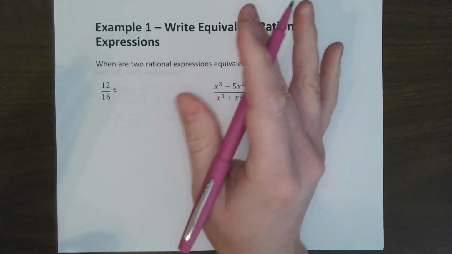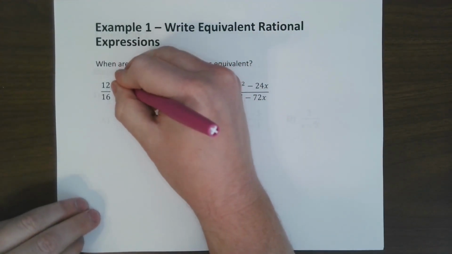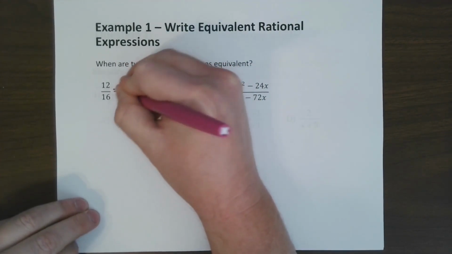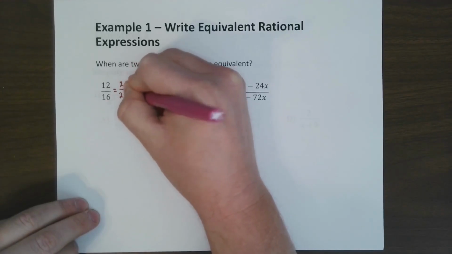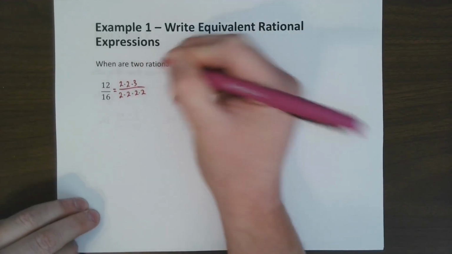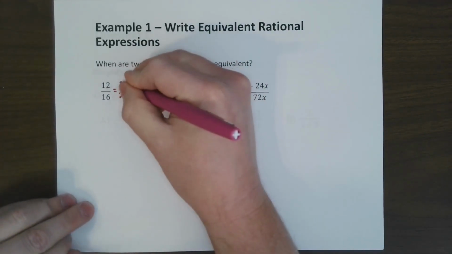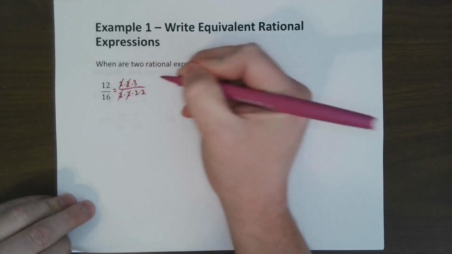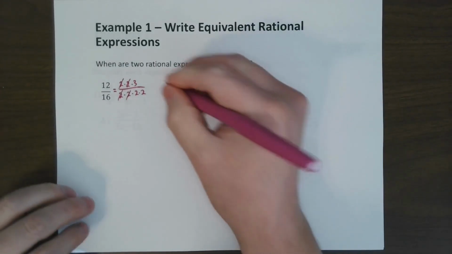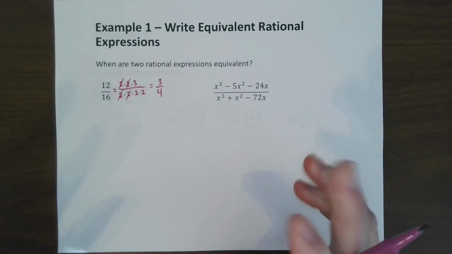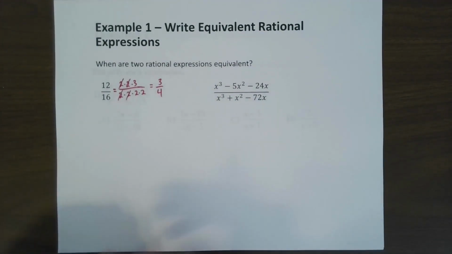But if you want to know more detail, we can look at it as 2 times 2 times 3 over 2 times 2 times 2 times 2 if we break them into their factors. And basically to reduce, all we do is cancel what's the same on top and bottom. Whatever we're left with is an equivalent expression or reduced form.